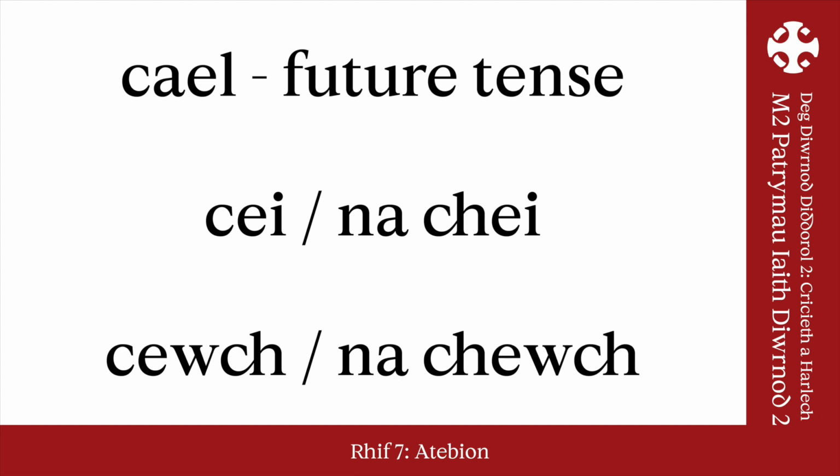Cei, rwyt ti'n cael mynd adre. Na chei, dwyt ti ddim yn cael mynd adre. Gaf i ofyn cwestiwn? Cewch, be dach chi isio ofyn? Na chewch, chewch chi ddim gofyn cwestiwn rwan.